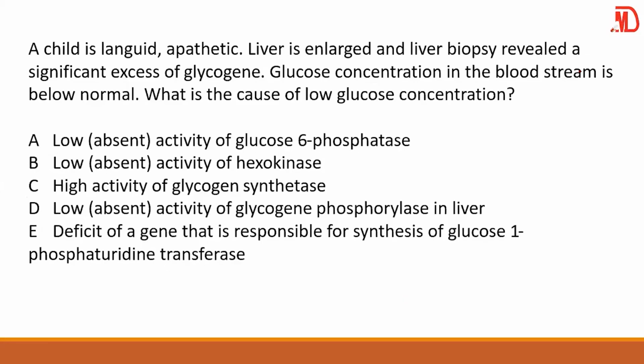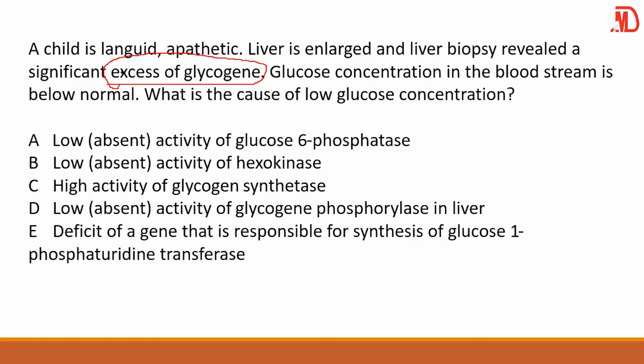Okay. A child is languid, apathetic, the liver is enlarged, and the liver biopsy revealed a lot of glycogen. Guys, do you remember glycogen? Glycogen is the storage form of glucose in the liver.